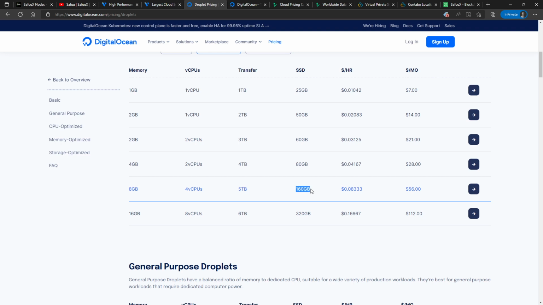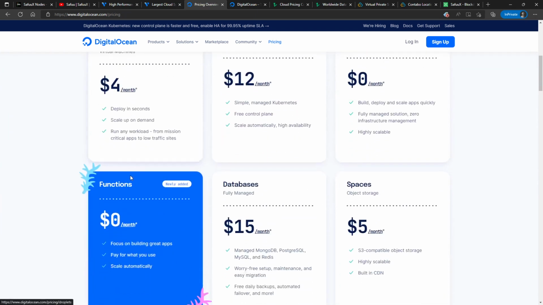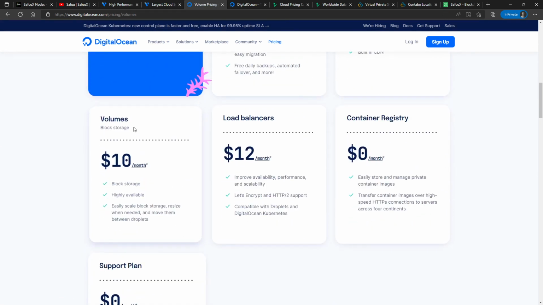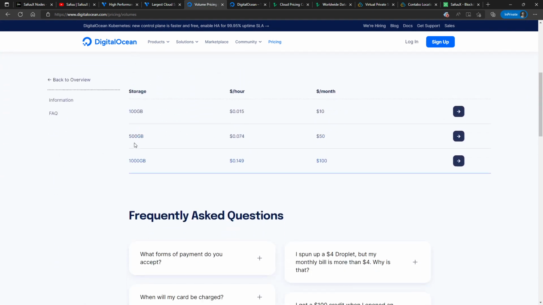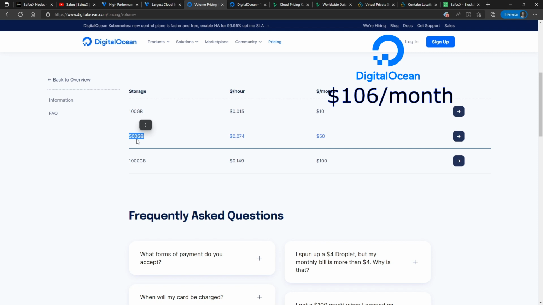Again, we don't have enough storage at 180 gig, but that runs us $56 per month. If I go back and then down to volumes for block storage, you can see a 500 gigabyte disk is what we need, and that adds an additional $50. So for DigitalOcean, the 56 for the compute and the $50 for the 500 gig SSD puts it at $106 per month. So we're climbing.